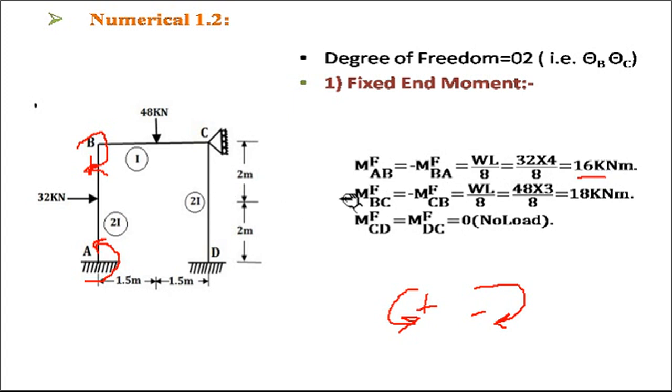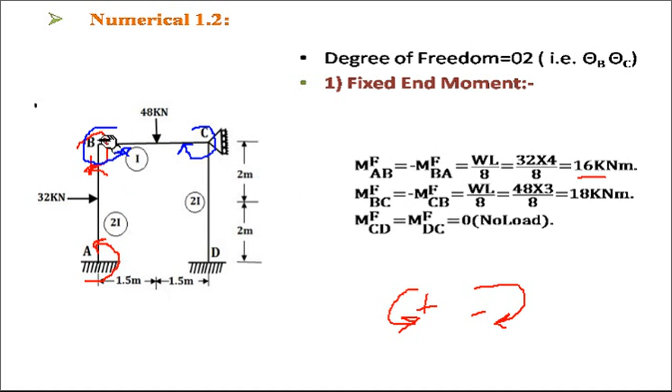Now the fixed moment in members BC and CB. The fixed moment in member BC will act in anti-clockwise direction, whereas in member CB it will act in clockwise direction. Here also the load is acting at the center, so the formula for the fixed moment for members BC as well as CB is plus minus WL by 8.